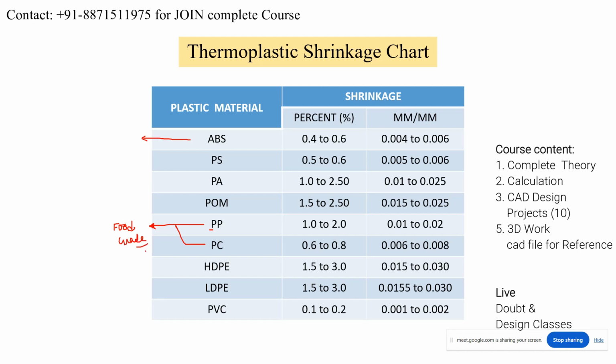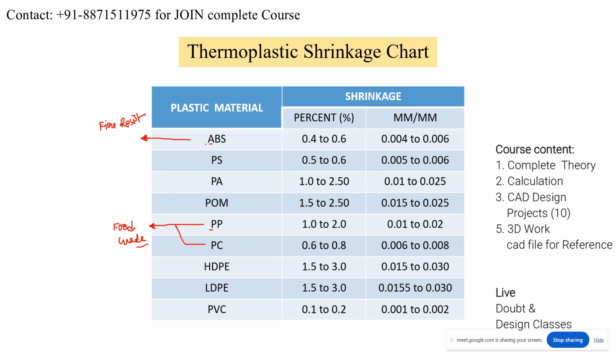Now the property of ABS: ABS means acrylonitrile butadiene styrene. ABS is a fire resistance material. Is it clear?